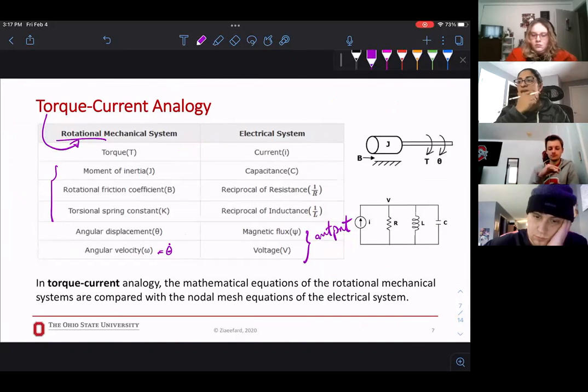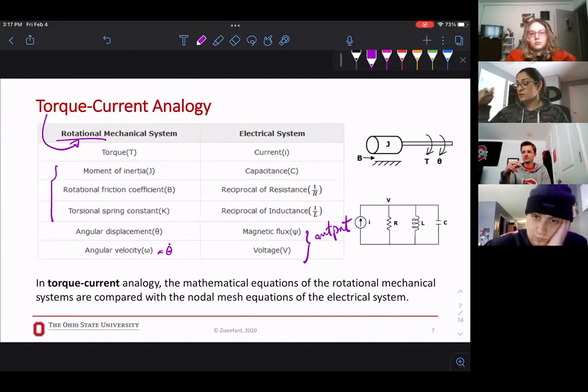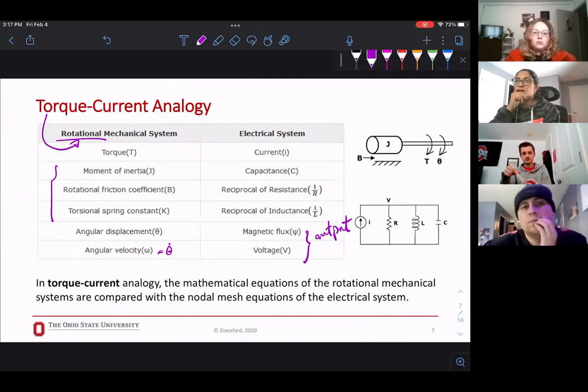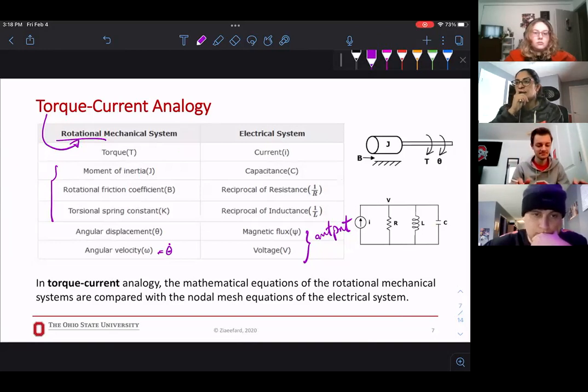Now, Osama is asking that, do you have any intuition explanation why is mass becomes inductance? So you saw that mass is not always inductance, depending on what analogy we use. I would say components that are restoring energy are kind of the same in both, and then related to inertia.